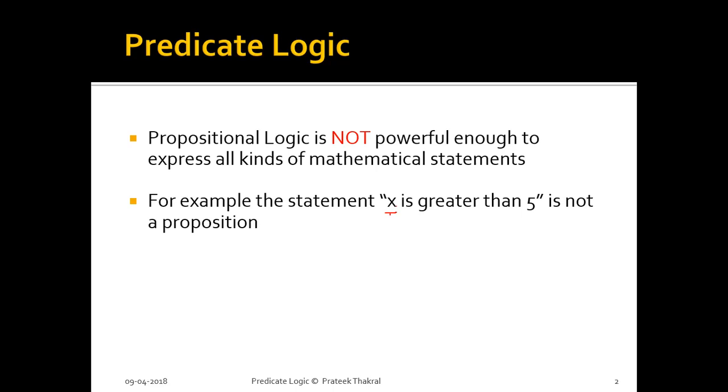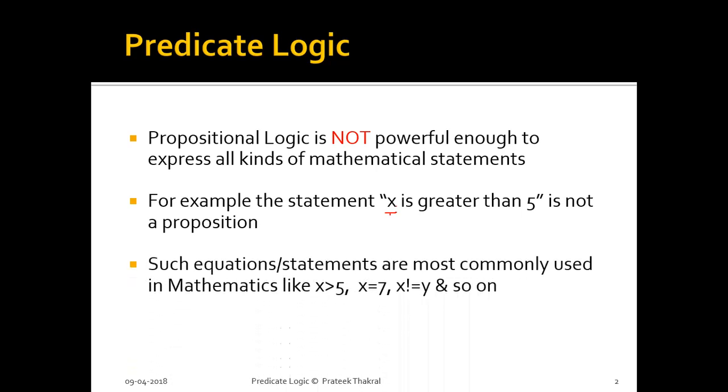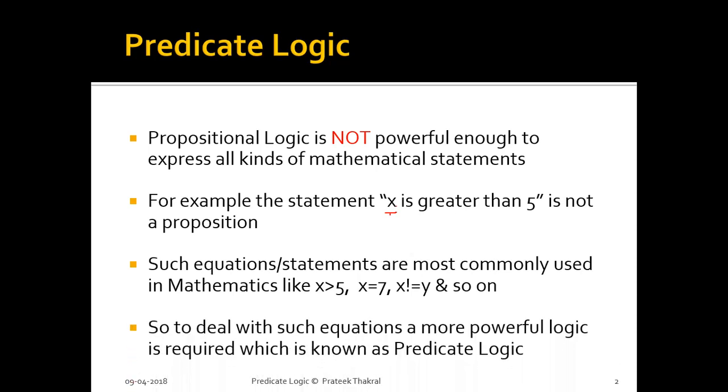If we look carefully at mathematics, such statements are most commonly used, such as x is greater than 5, x is equal to 7, x is not equal to y, and so on. To deal with such equations, a more powerful logic is required, which is known as predicate logic.